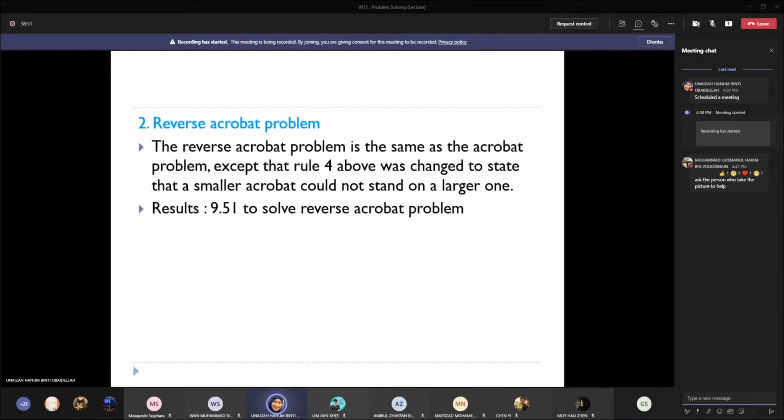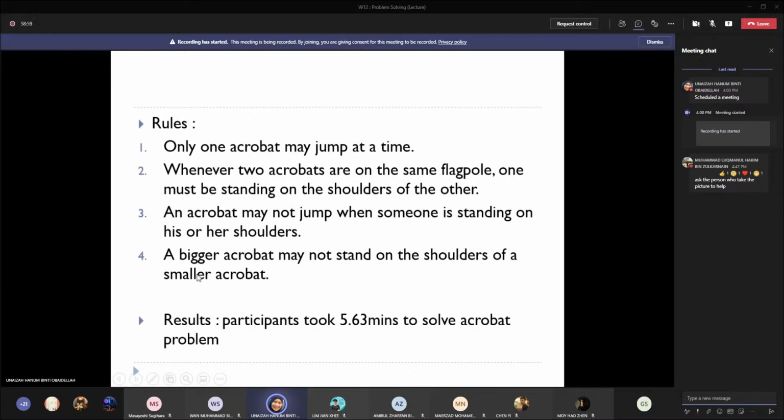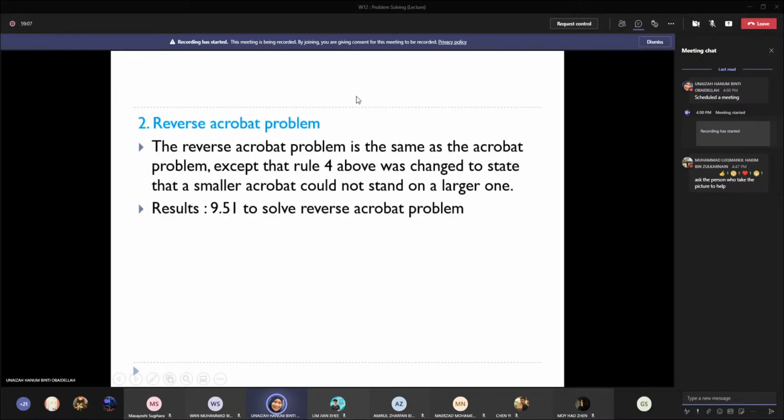But if the problem becomes reversed, which means the regulation is changed at rule 4, so that a bigger acrobat may stand on the shoulder of a smaller acrobat, the opposite, then it actually takes longer, about 10 minutes to solve this problem.